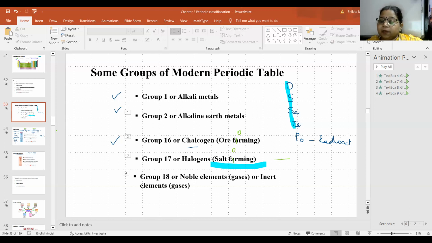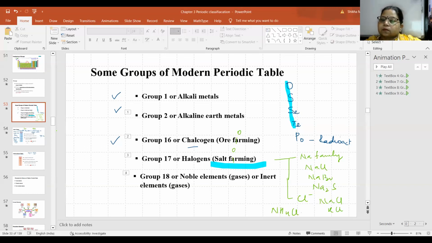See, salt families, do you remember? Again, it's a topic from your acid bases and salts, class 10. You might have heard about the sodium family. It will have, let's say, sodium chloride, sodium bromide, sodium sulfide, etc. If I say chloride family, then it will be sodium chloride, potassium chloride, ammonium chloride, etc. So they basically form salts.